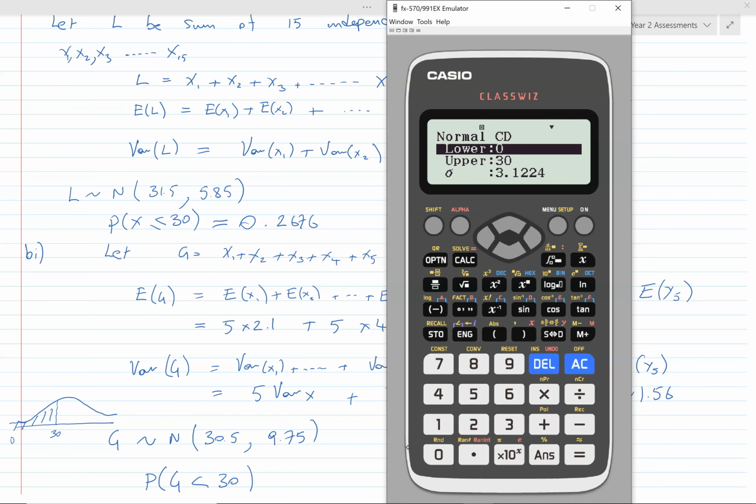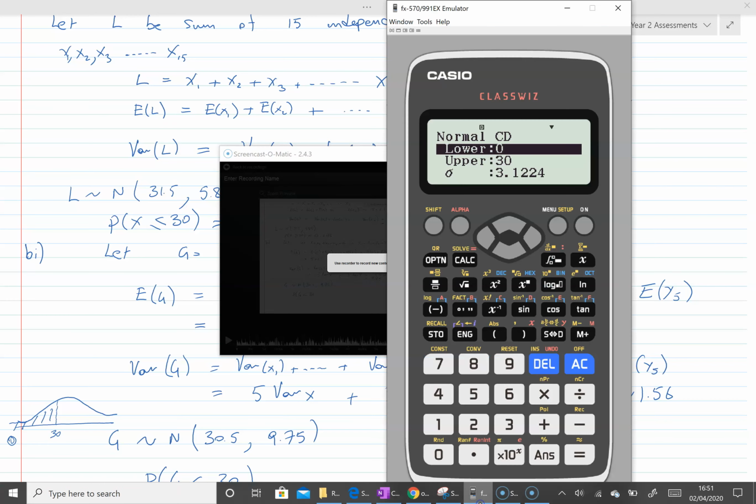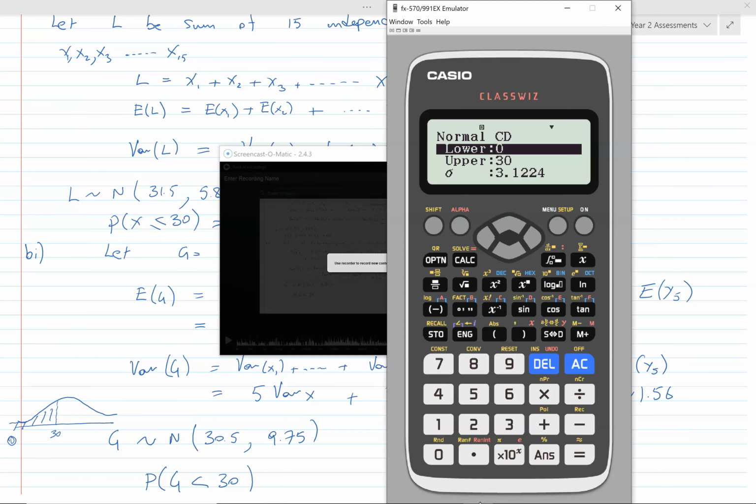Okay, the lower tail I'm going to put 0 in again. As I say, some students go over the top here, but it doesn't matter. 0 is nearly 10 times the standard deviation away, so that's going to be easily good enough. But yeah, if you want to put minus 1,000,000 in, of course, you're going to get the same answer, or very well, the same answer really.